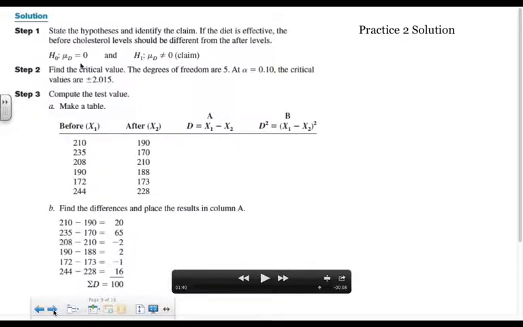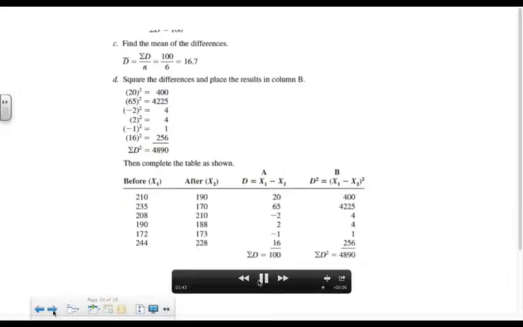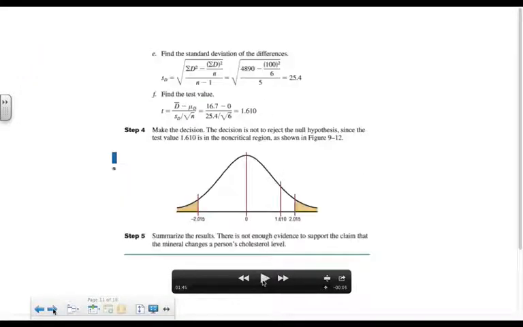The hypothesis is basically that it's equal to 0, not equal to 0. They wanted to say if it was different, not that it was bigger than. So here's your critical value to look up on the chart. Then this is all the stuff the graphing calculator will do for you. And going through, the test value is 1.6. We need it to be bigger than 2.015, so we cannot reject.